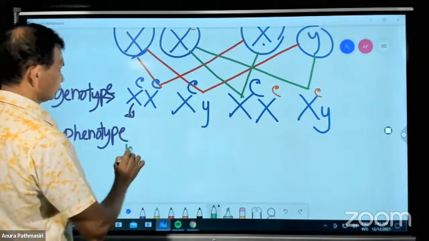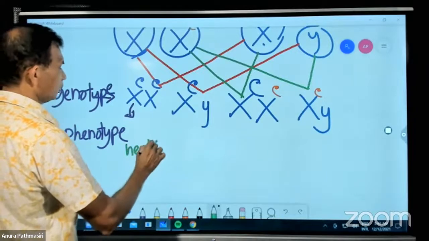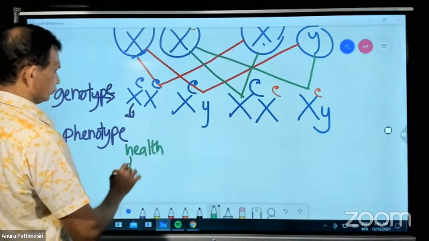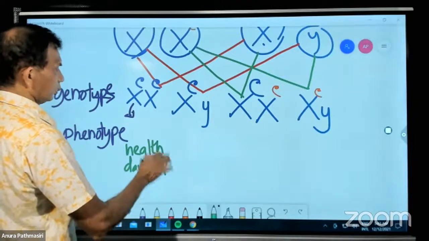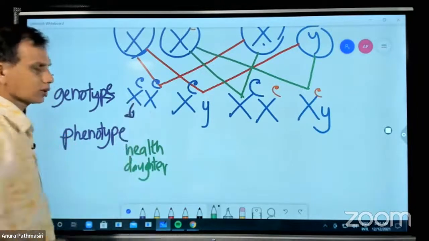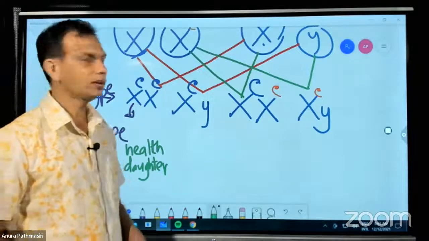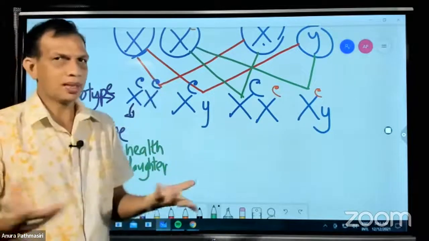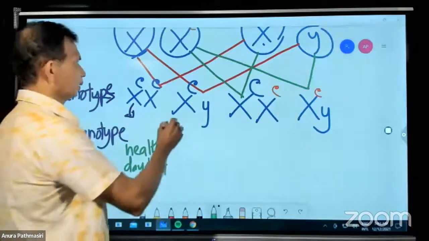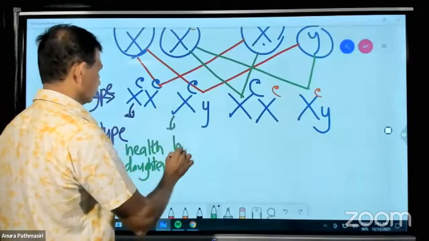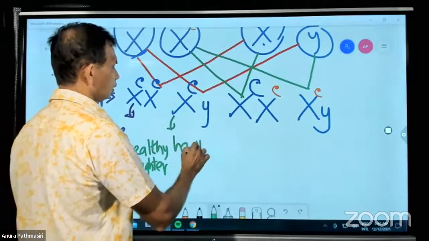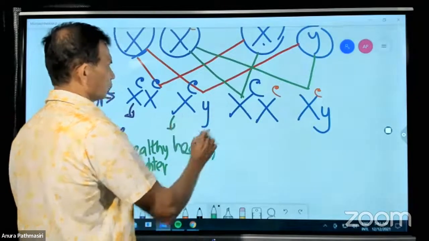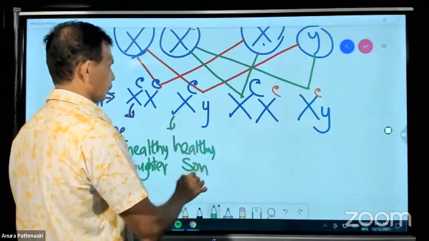Healthy daughter. Both are X genes. So both are X means female, and capital C means healthy. This is healthy. Healthy son, healthy son.